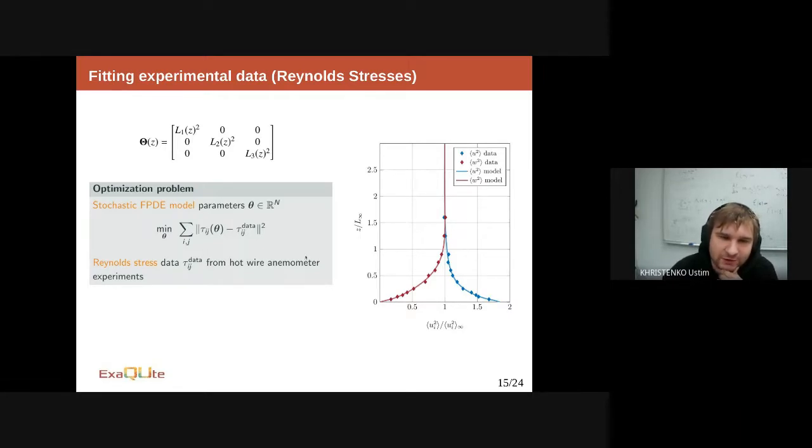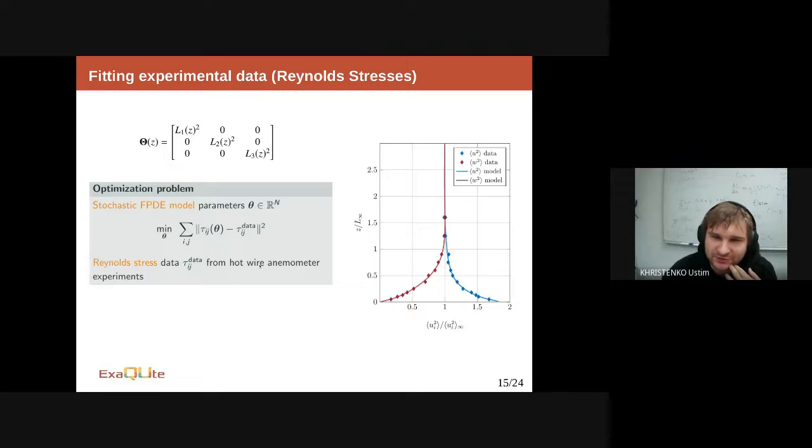In this way we formulate the minimization problem. The parameter vector uniquely defines the model. On the other hand, we have data obtained experimentally for the Reynolds stress. So we can infer the parameters from the experimental data by simple minimization of the misfit.